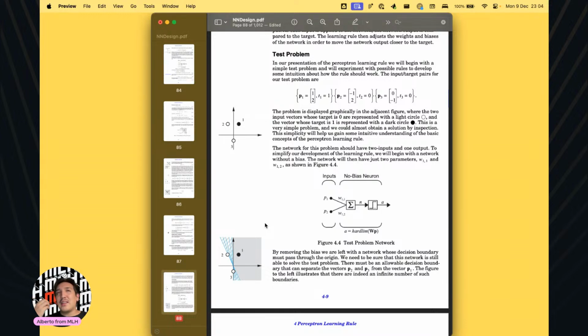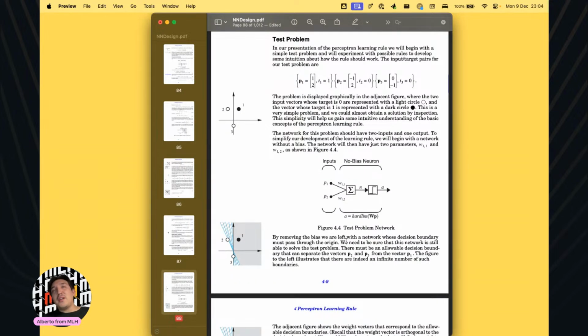Based on that, you will have an error. Depending on the error, you start moving your decision boundary to see if the next time you reduce the error or increase it, and then keep moving that decision boundary each time.